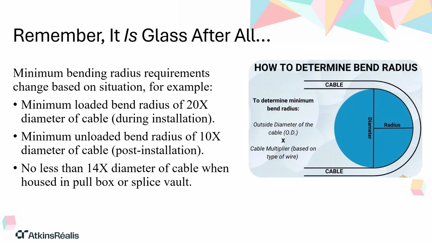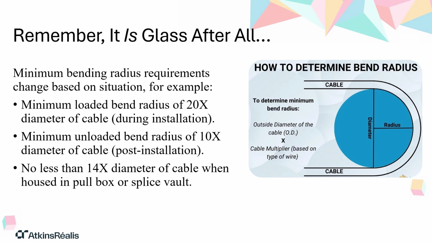Typical minimum bending radius requirements may vary based on the situation, but below we have included some of the industry standards. Minimum bending radius of a cable during loaded conditions or during installation when we've got a tensile force pulling it is 20 times the diameter of the cable.